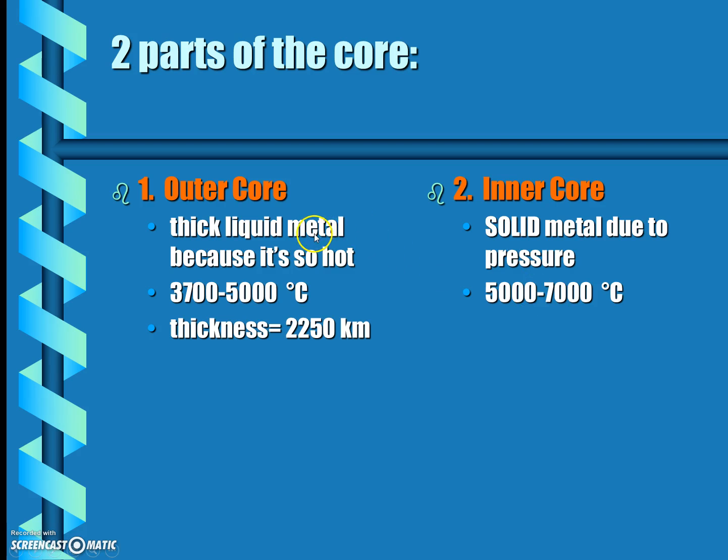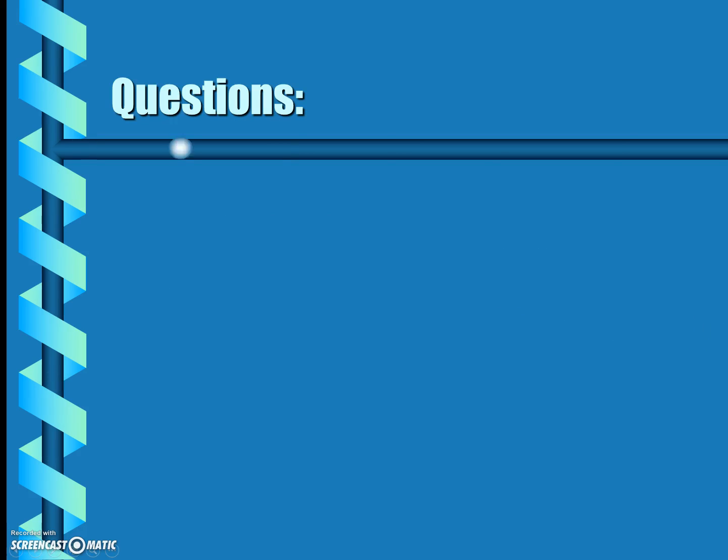The outer core is liquid, the inner core is solid. That is a big difference. Its radius is only about 1,200 kilometers, so this is very thin. It's not as thin as the crust, but it is pretty small.